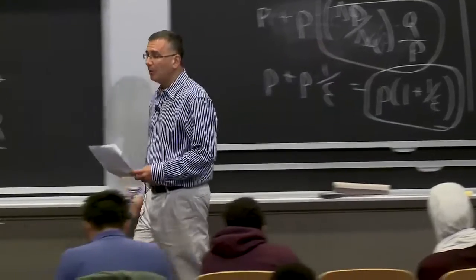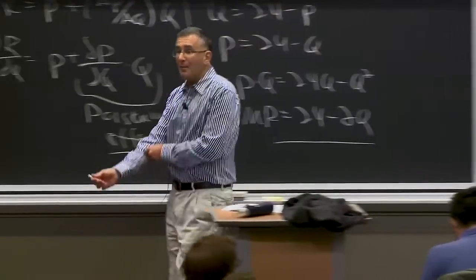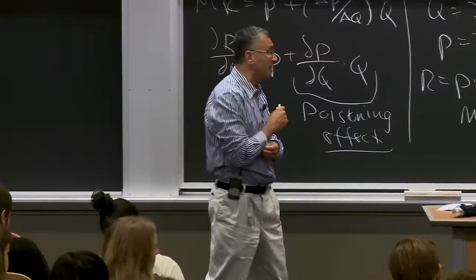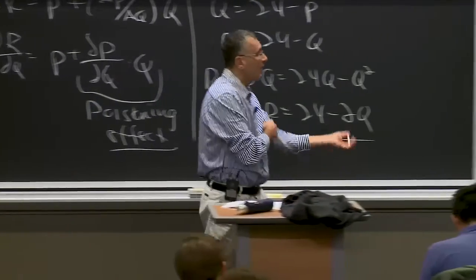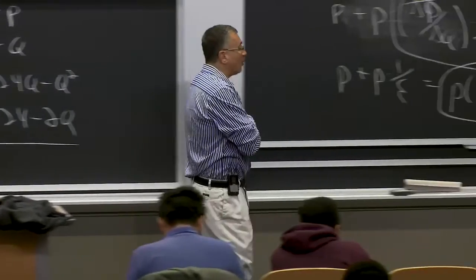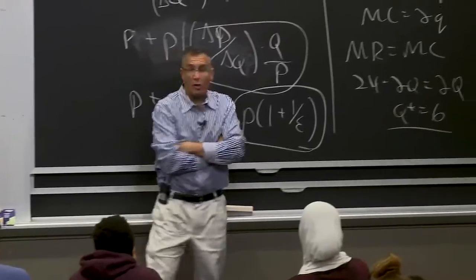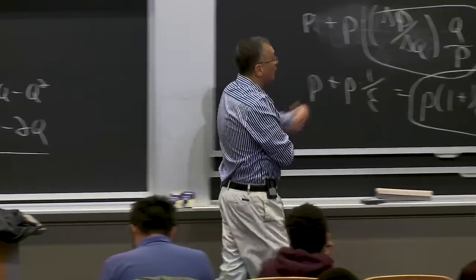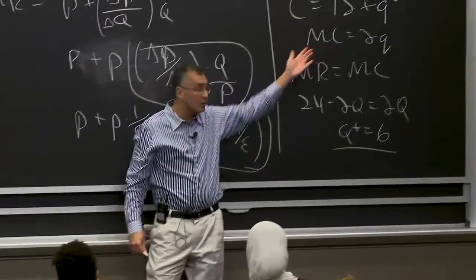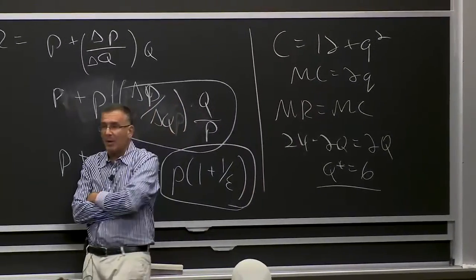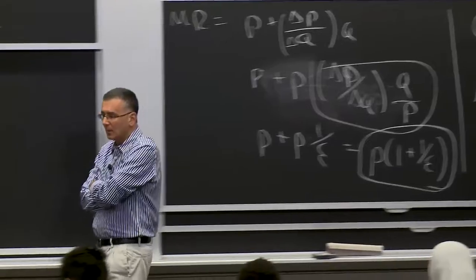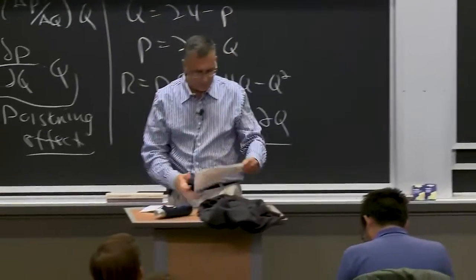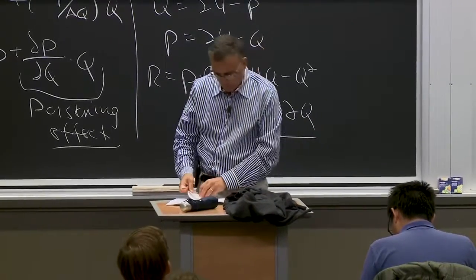That's the profit maximizing quantity for the monopolist, where marginal revenue equals marginal cost. We derive marginal revenue. Marginal cost we know how to derive from a cost function. We set them equal and we get the optimizing quantity. And you can see this in figure 11.4.